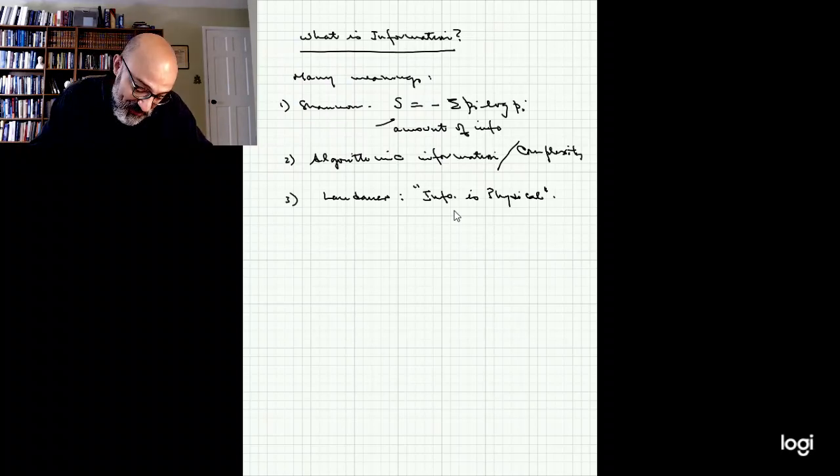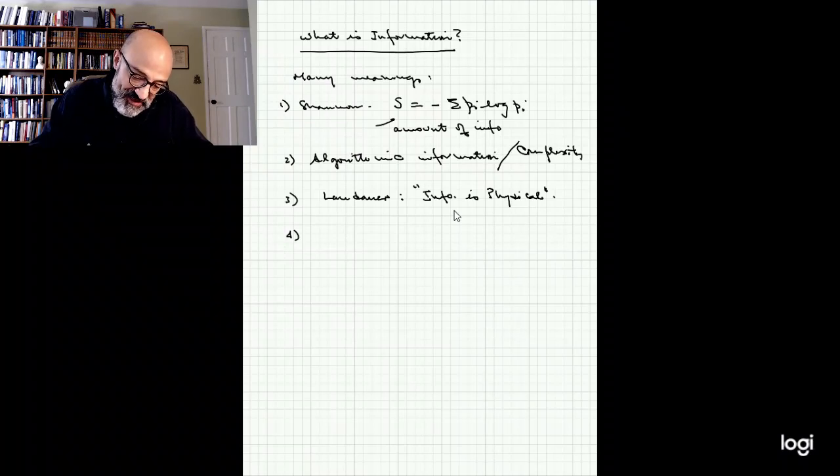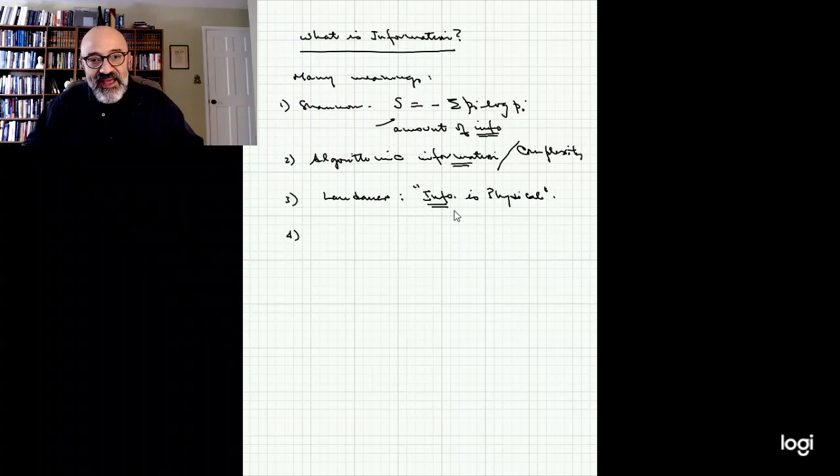What we're going to be doing is pursuing yet another version of what we might mean by information. We're going to be using the term information in a way that's much more closely connected to the colloquial meaning.